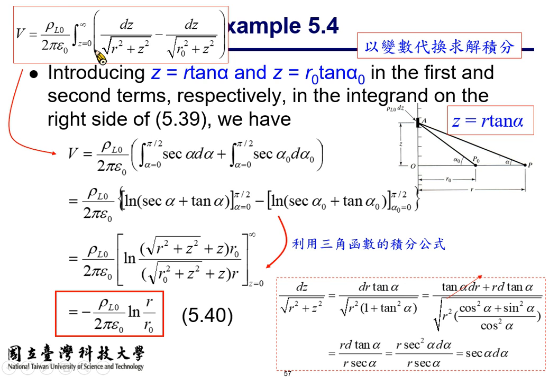So z equals 0 is equivalent to alpha equals 0, and z equals infinity is equivalent to 90 degrees. So we replace the integrand from z to alpha, and the integrand becomes secant of alpha times d alpha.